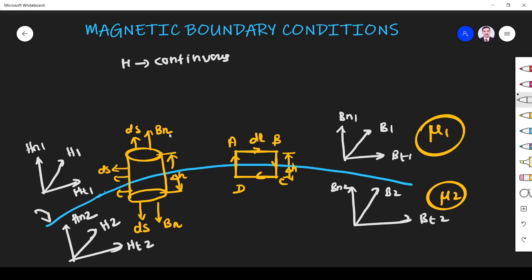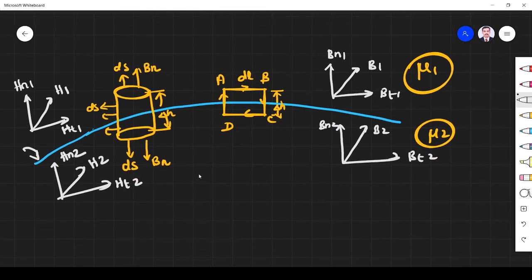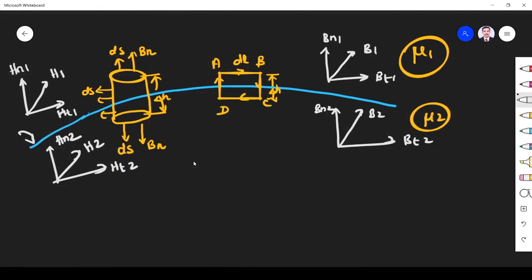So let us assume that this is Bn1, and Bn2 are normal components of magnetic flux density in medium 1 and medium 2, right. So we have to find both the tangential and normal component, whereas Bt1 and Bt2 are the tangential components of magnetic field, right. So first we have to find the normal component of magnetic field.